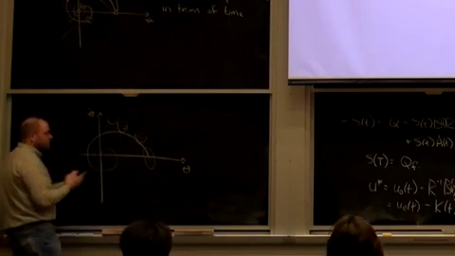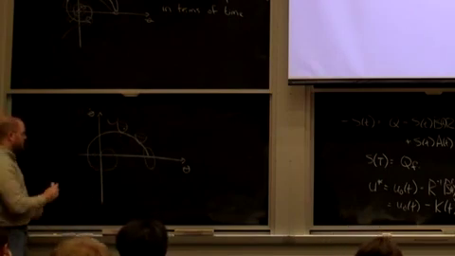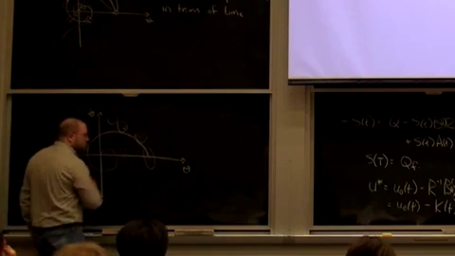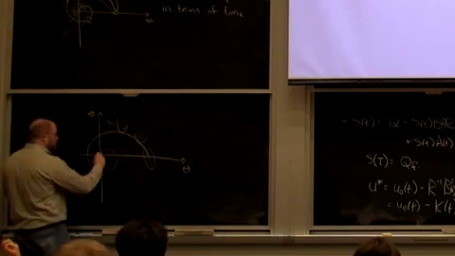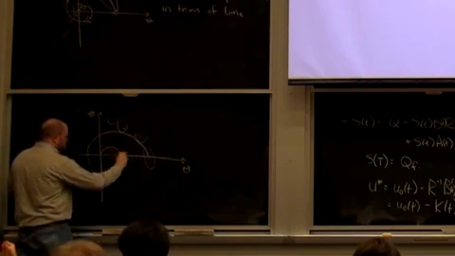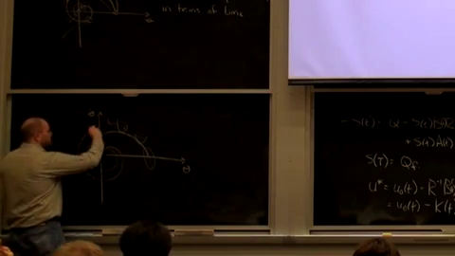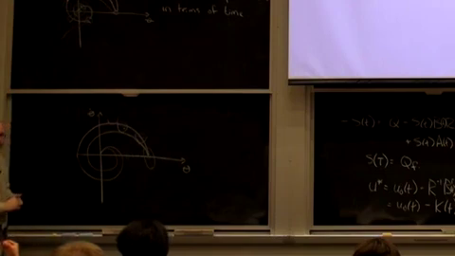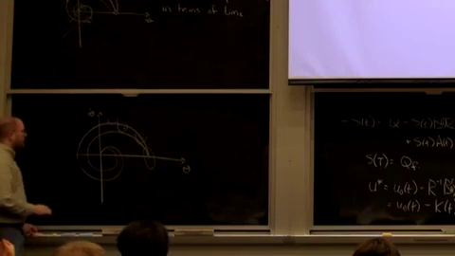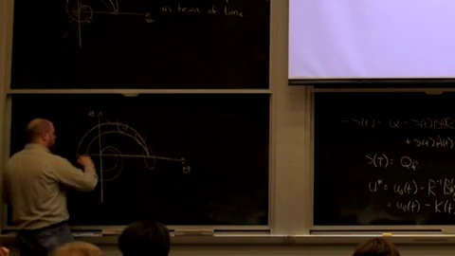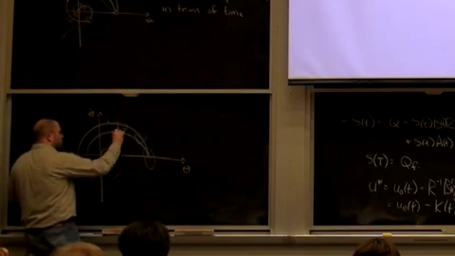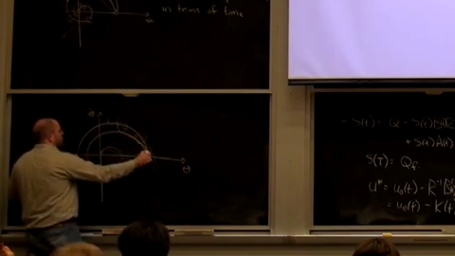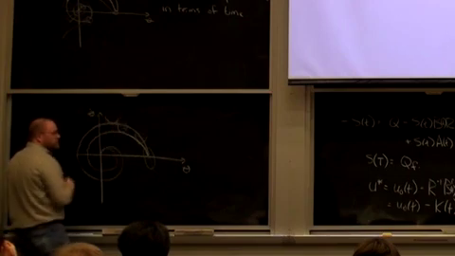I found, through whatever method, some reasonable system trajectory. But I'm still not happy with that. The trajectory I really wanted was something like this. Would it make any sense to do my linearization around this trajectory and try to drive the system to this other trajectory?